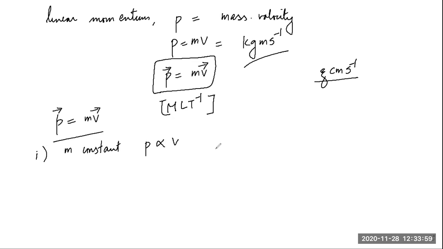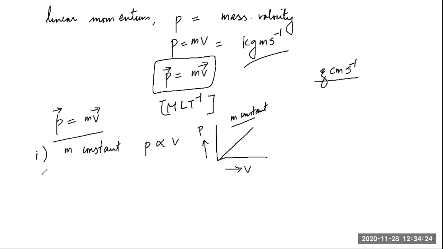Am I right? M is constant, p is directly proportional to velocity. We learned this in 9th and 10th standard. This shows a linear relationship between momentum and velocity. All right, guys.